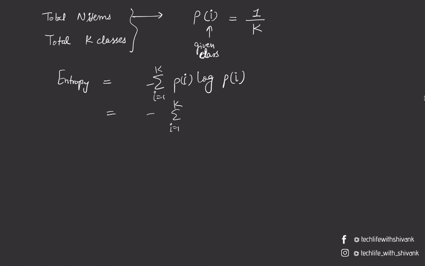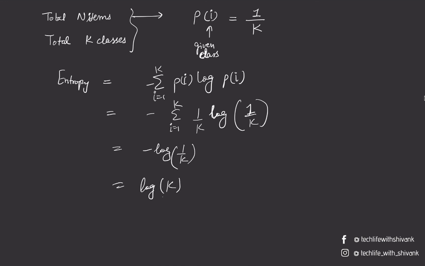Since we have k classes, pi is equal to 1 by k, and log of pi is log of 1 by k. So this would be equal to minus log 1 by k. This will be equal to log of k on base 2.